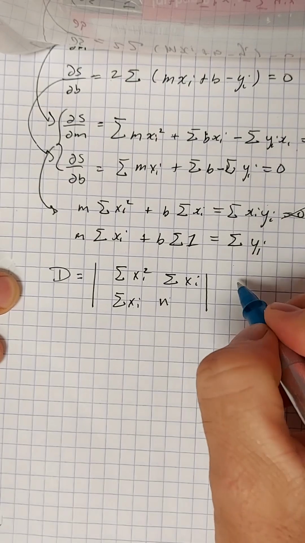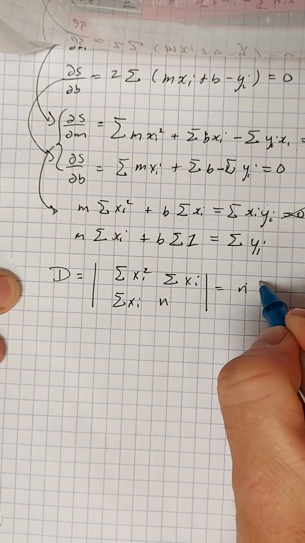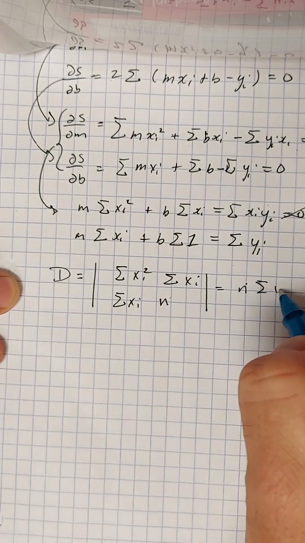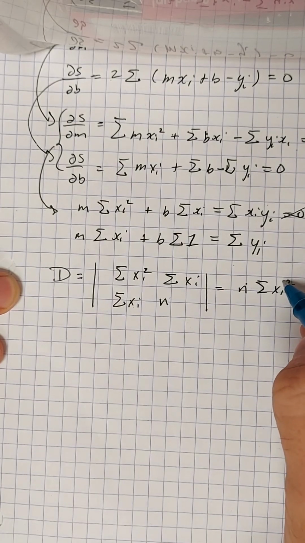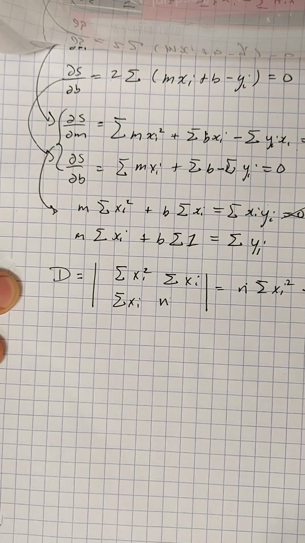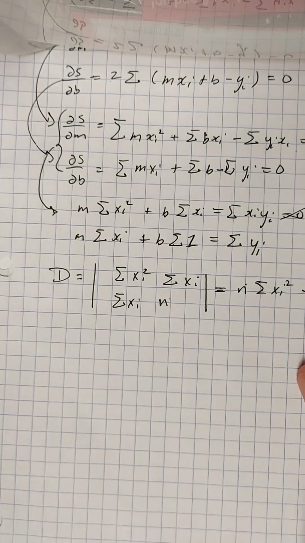And that is equal to n times the sum of x_i squared minus the quantity sum of x_i, squared.